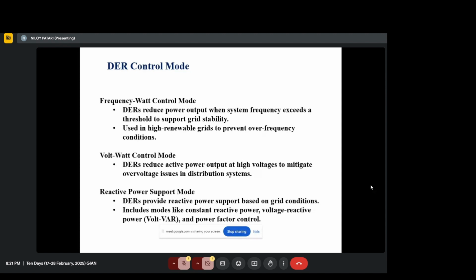These modes are pretty common, and you can find them in the literature. If you have to operate DERs in these modes, then you have to follow IEEE 1547.8 probably. Or you can just search IEEE 1547 and it will be available online on IEEE.